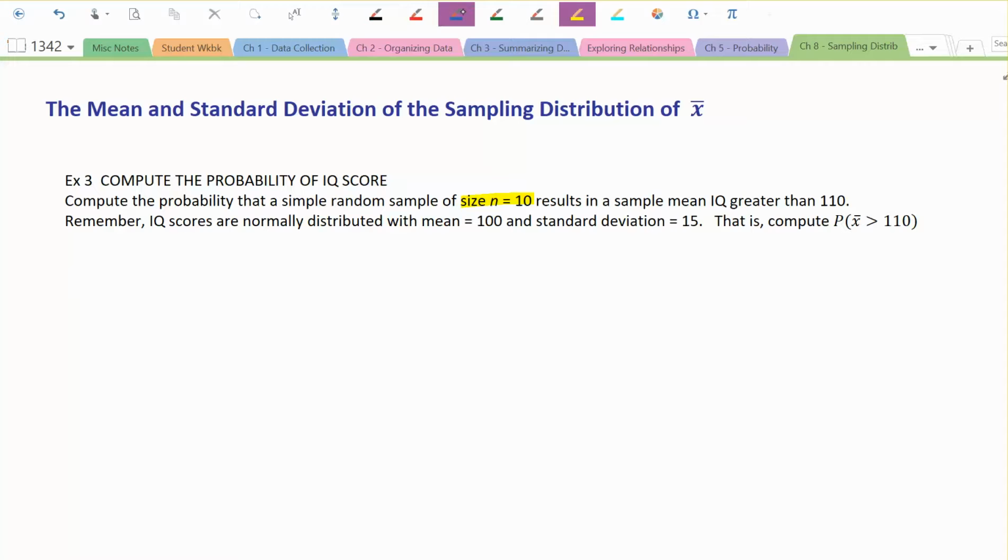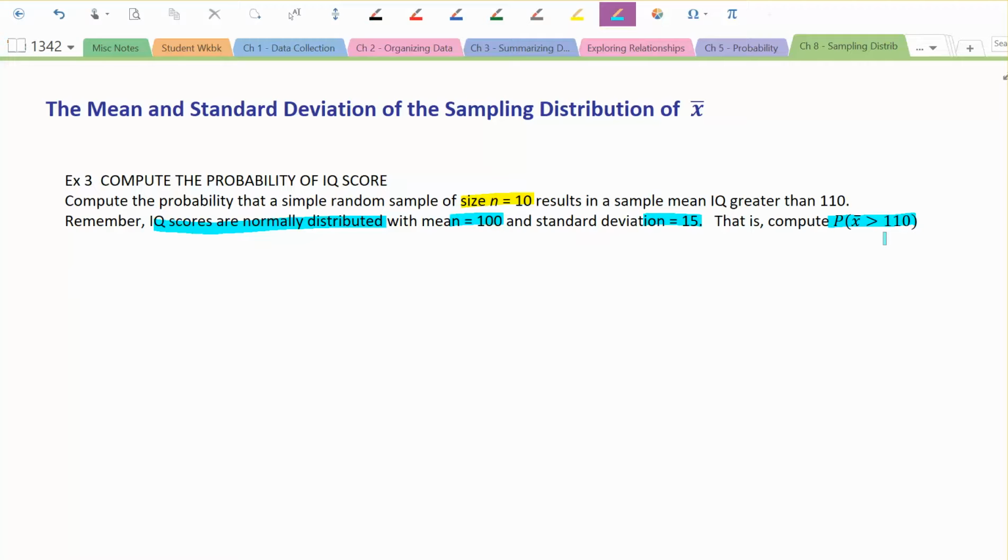We already opened this discussion about sample means the other day by talking about the fact that IQ scores are normally distributed. We have a mean of 100 and a standard deviation of 15, and I want to compute the probability that my sample mean is going to be greater than 110.